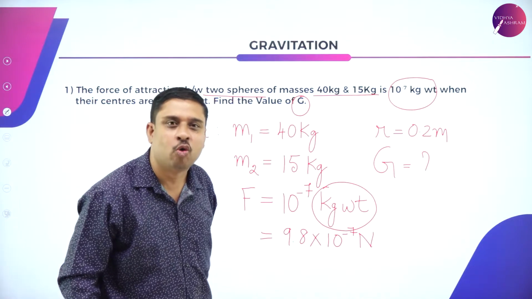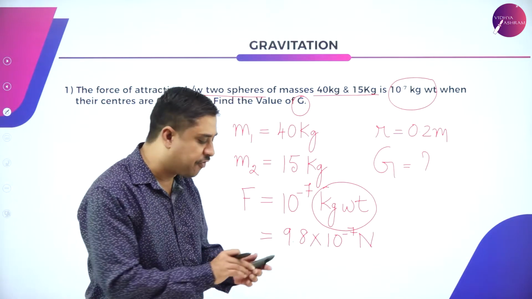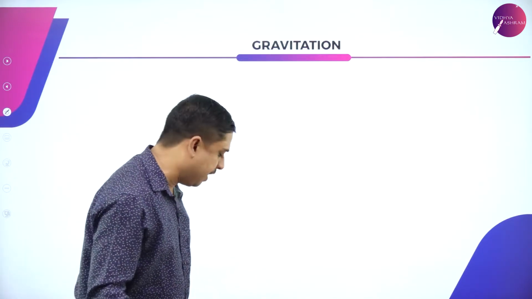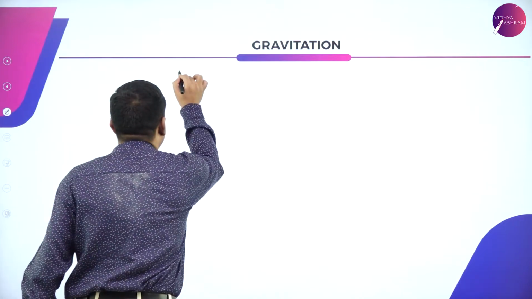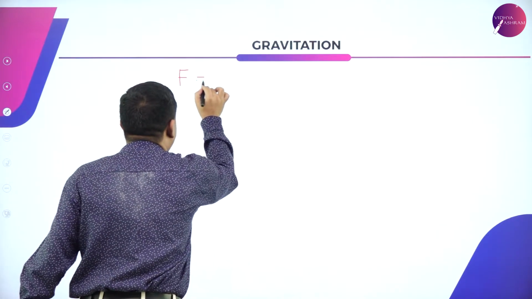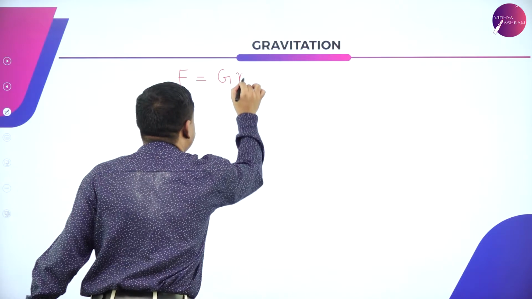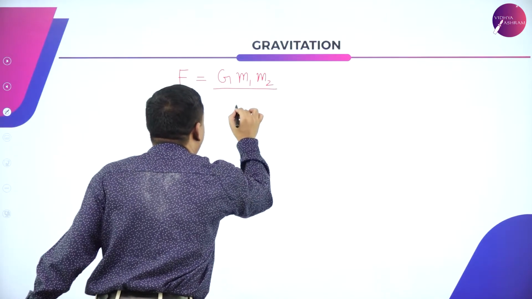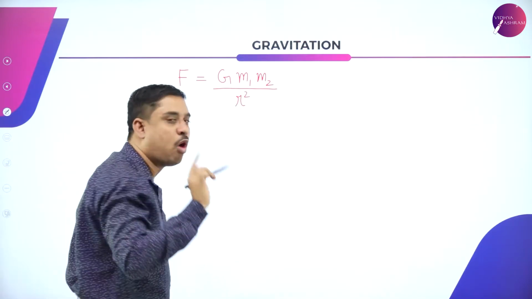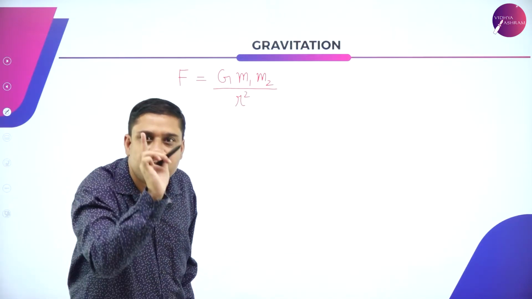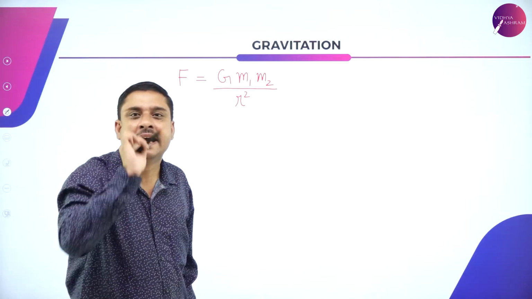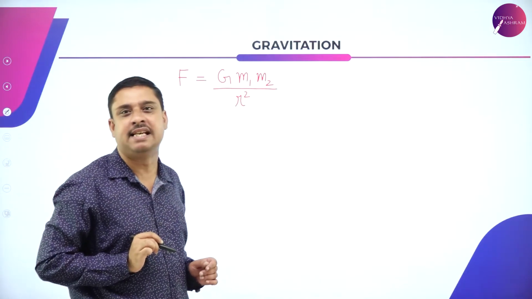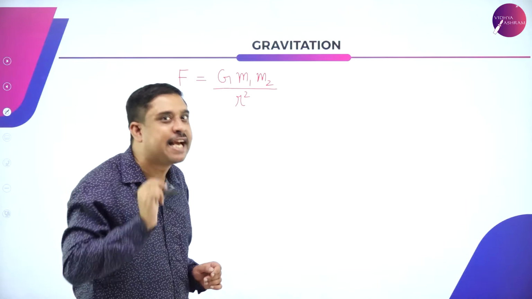Yes, Newton's law of gravitation, where we say F is equal to G m1 m2 by r square. That is what I told. Numericals in physics can be solved easily if you know the expressions.